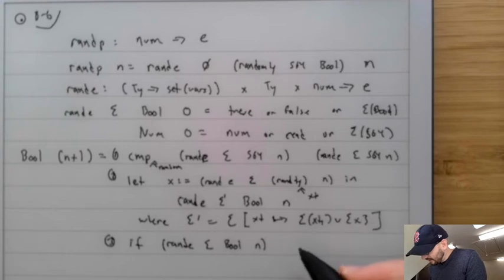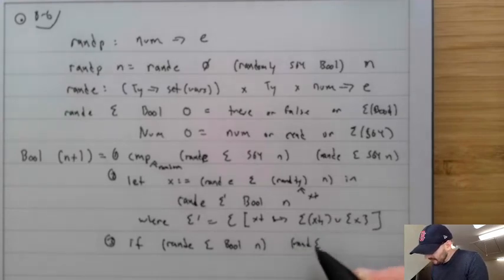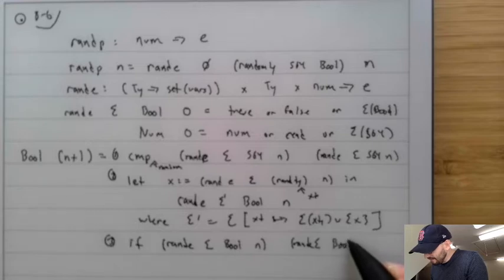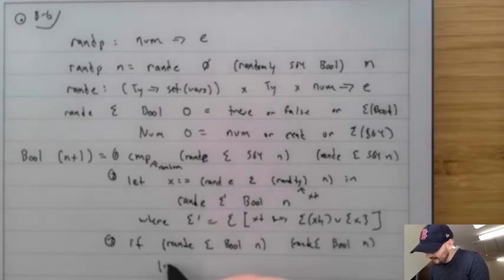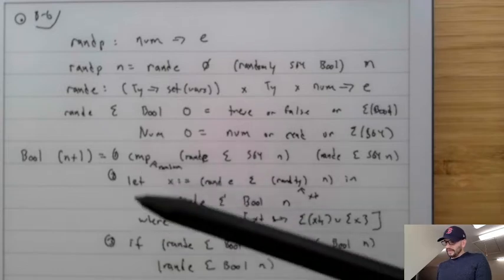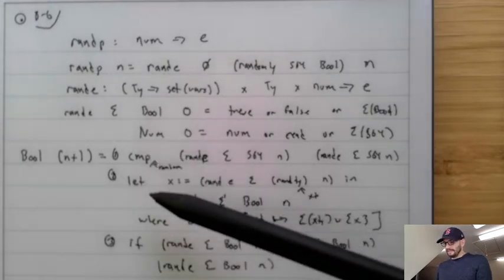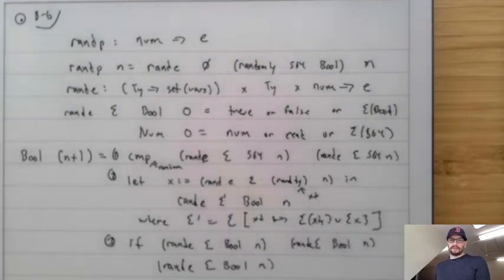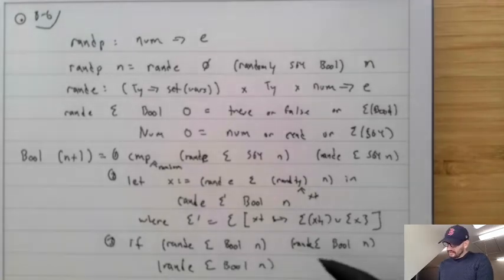And then we could also have a rand e sigma, bool, and n, and then another rand e sigma, bool, and n. So the idea here is that we have 3 different ways. We can either do a comparison, a let, or an if statement. And these if statements, their results have to be Booleans. So this is the case for Booleans.